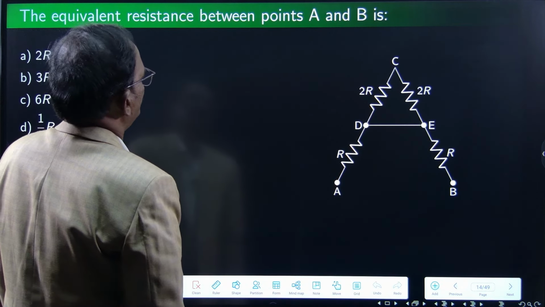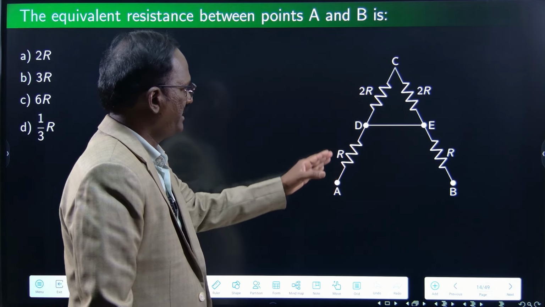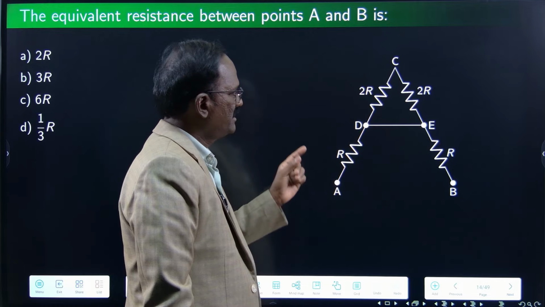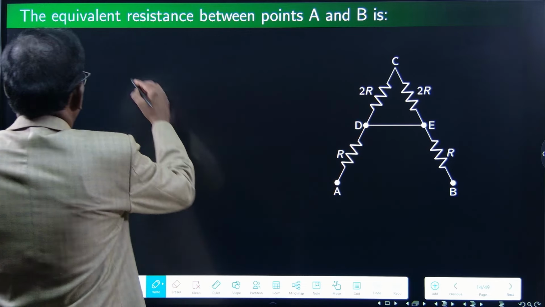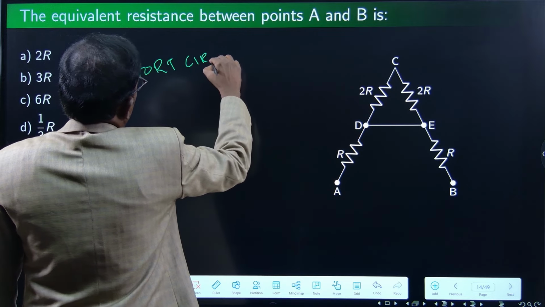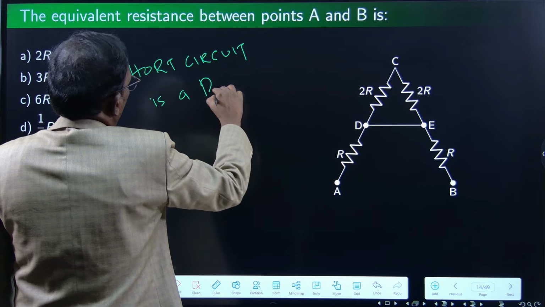The equivalent resistance between points A and B is, right? Between D and E, this is the important point. Between D and E, a short circuit is there. So whenever you find a short circuit, it is a bypass.